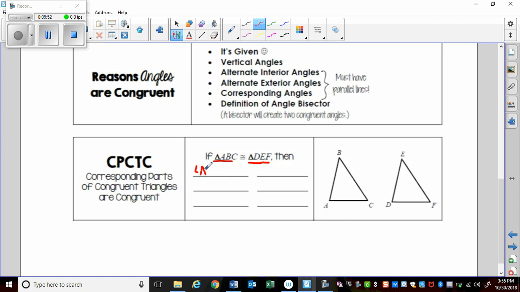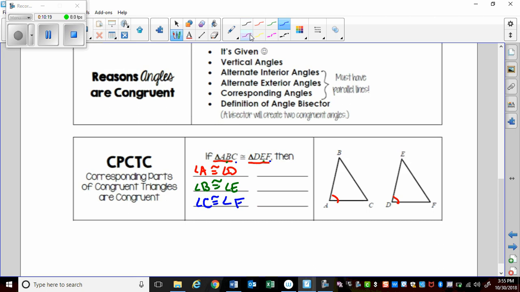So I can say angle A, my first one, is congruent to angle D, my first one. I can say that angle B, my middle one, is congruent to angle E, my middle one. And I can say angle C, my last one, is congruent to angle F, which is my last one.